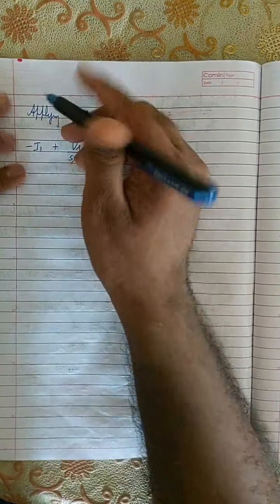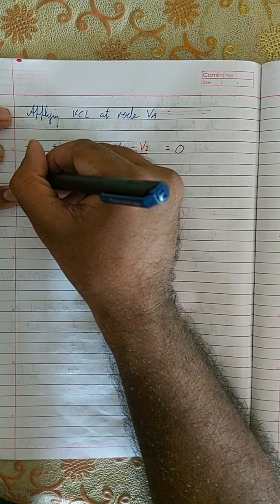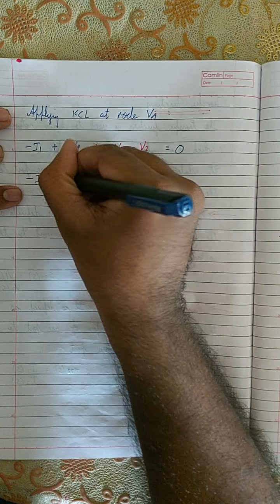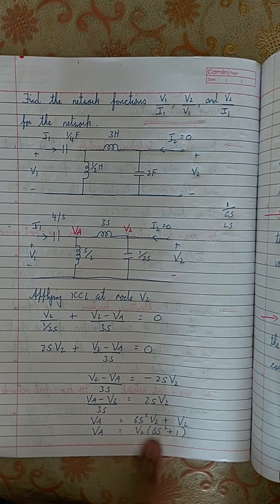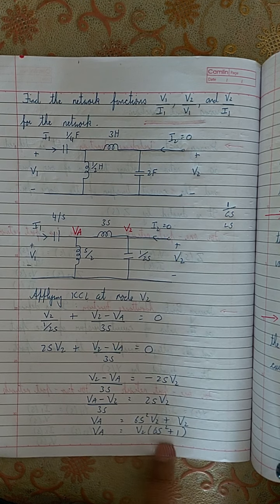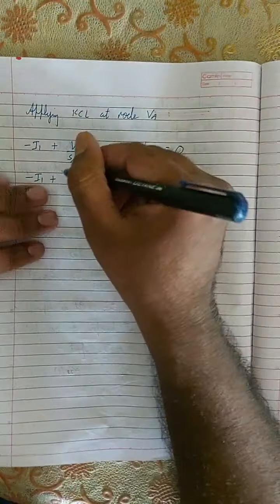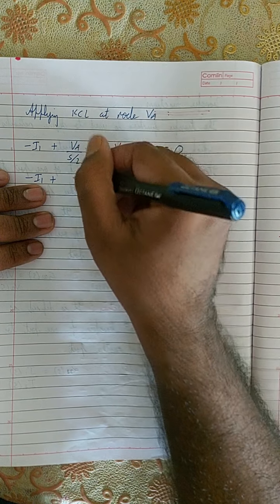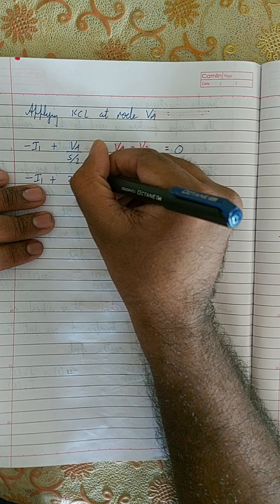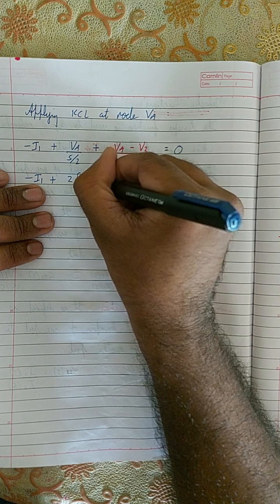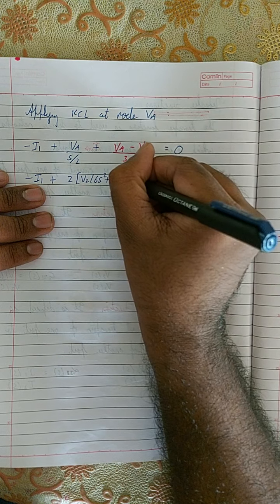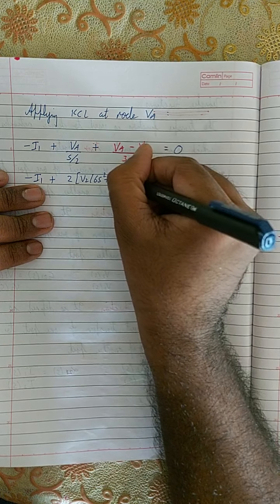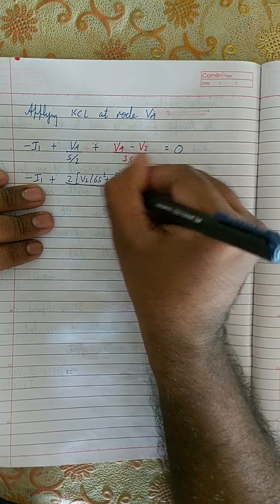Okay, so here what I'm going to do is, this is minus I1 plus, now what is the equation for VA? I'm going to use this equation, that is V2 into 6s square plus 1. So s by 2 can be written as 2 by s, right? So this is 2 into, and what is VA? VA is V2 into 6s square plus 1, by s.